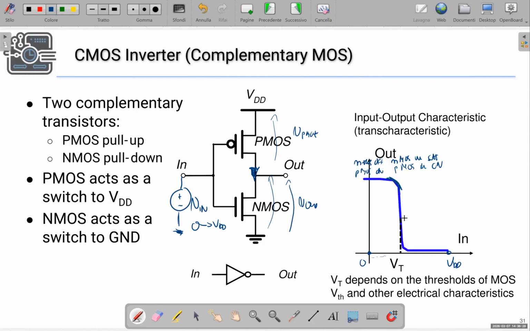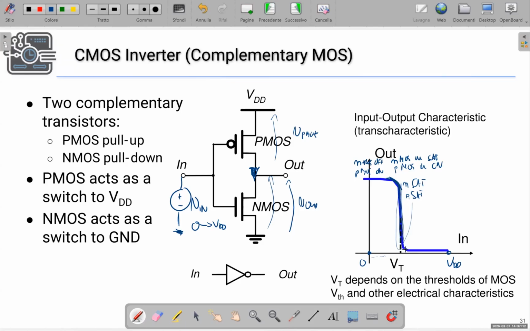Then when the output voltage becomes less than VDD minus VTH, both the PMOS device and the NMOS device are in the saturation region. In this region, the output voltage is very sensitive to variations of the input voltage, and it drops to zero with a very high slope.